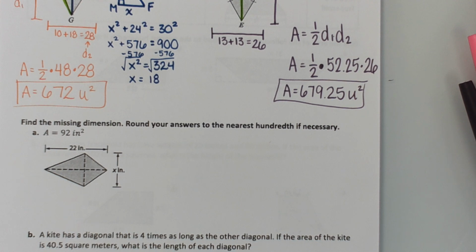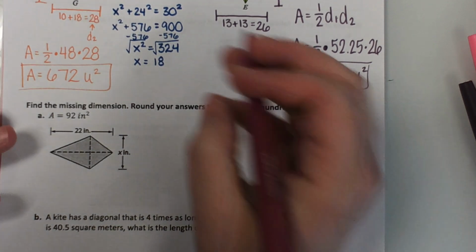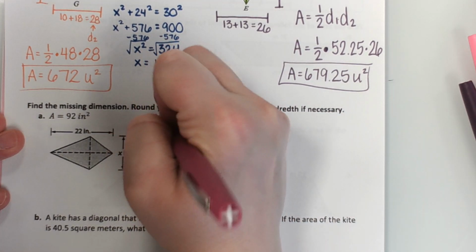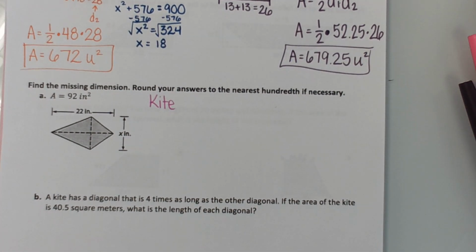Because that's always how you need to start these questions, is what shape is it? This one's a kite. Now it doesn't have the markings for a kite, but can you kind of tell it looks like a kite? I am not trying to trick you. If it looks like a kite, it's a kite. If it looks like a rhombus, it's a rhombus.